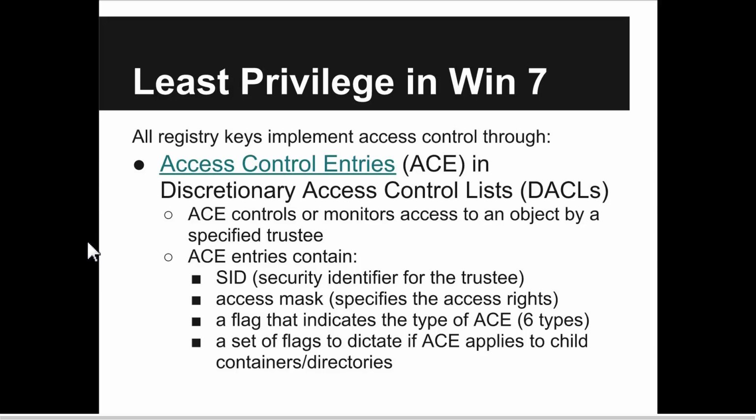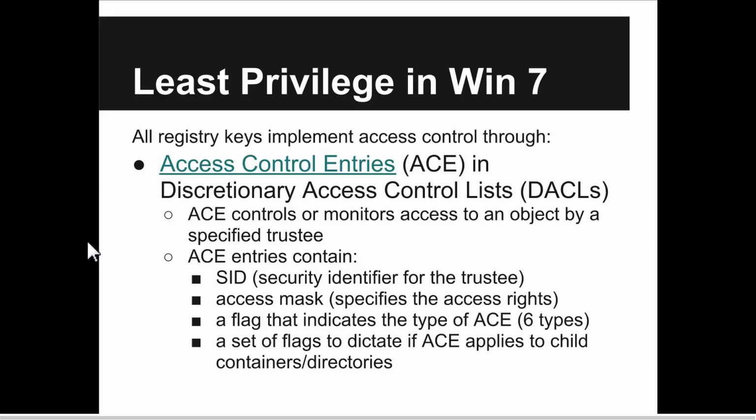The main information in ACE entries is the SID, the security identifier for the trustee. It's similar to the UID, the user ID, for users in Linux. There's the access mask, which is very similar to the permissions mask in Unix.